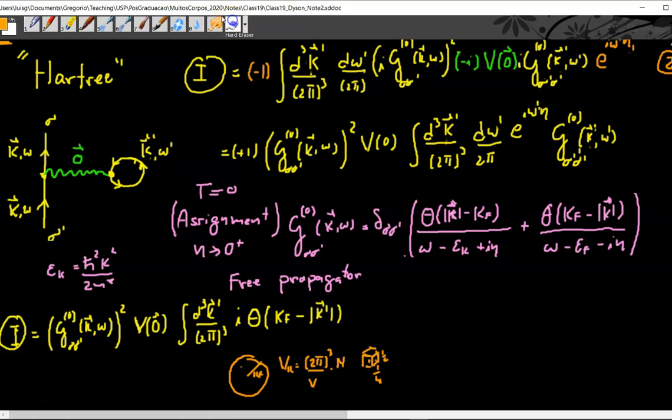So this is essentially proportional to the density. Okay, you can go back to the class on the electron gas, and figure that out for yourself.